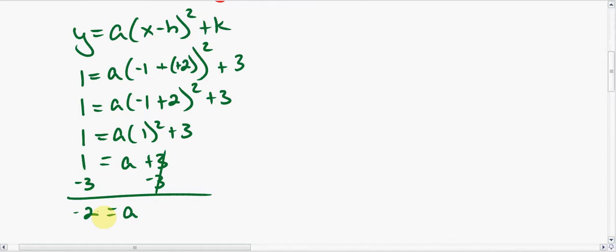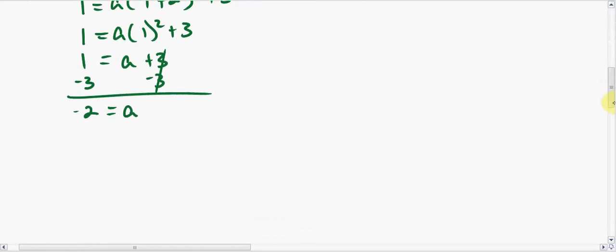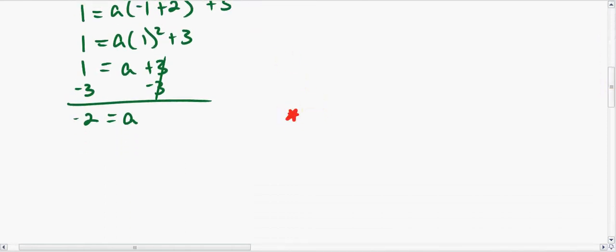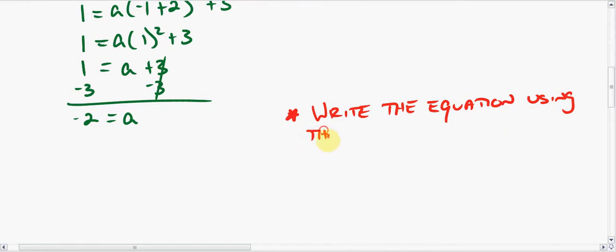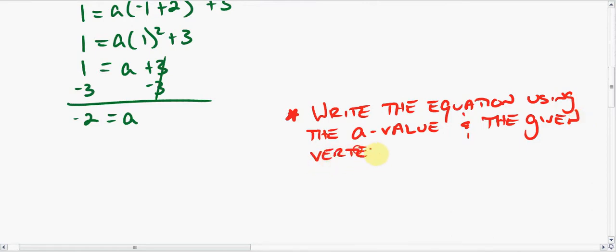Once you know your a value, the last thing we're going to do is write the equation using the a value and the given vertex. We're going to make sure we still have y and x as variables in our equation.